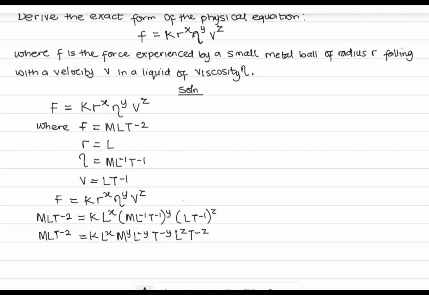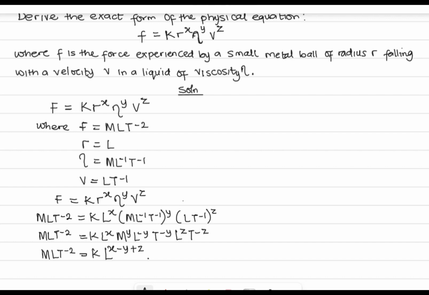So again, we can combine similar terms here now, and that will give us K, all the L now. We have L, the first power is x, the next power of L is minus y, and the next power of L is plus z.